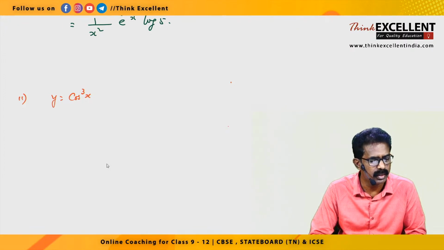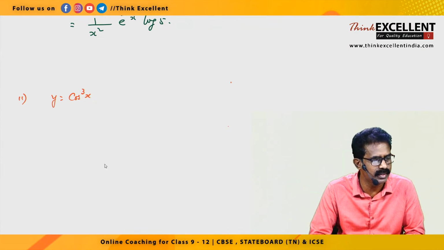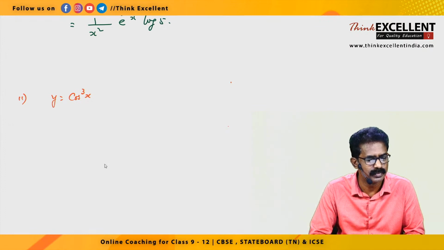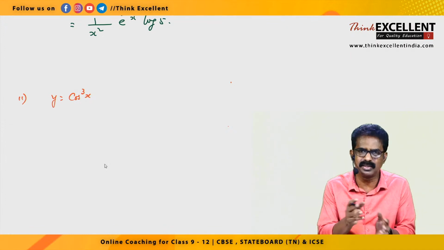Earlier we did one sin square x and all, no? So, like that, can you try this? No need to simplify and all. No need to use trigonometric identities. Just differentiate and write what you get.